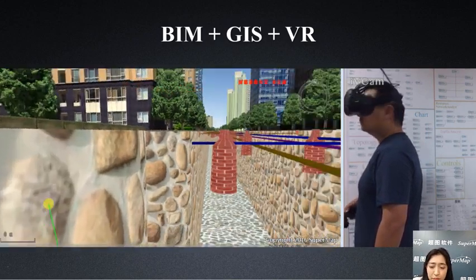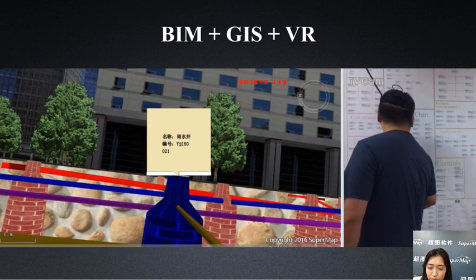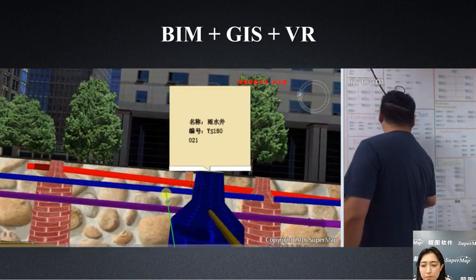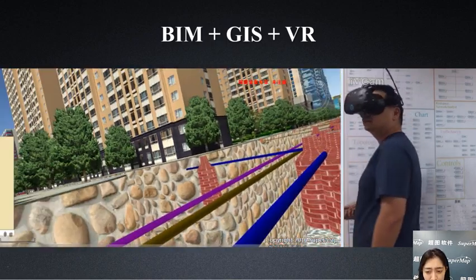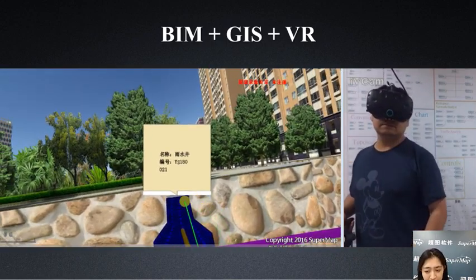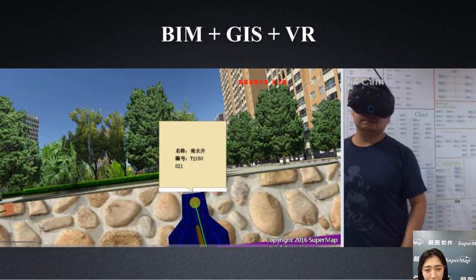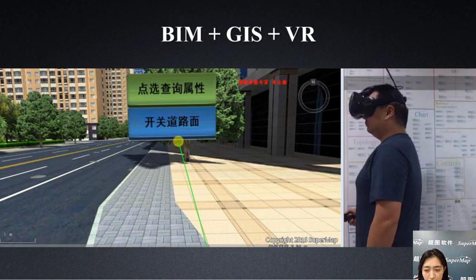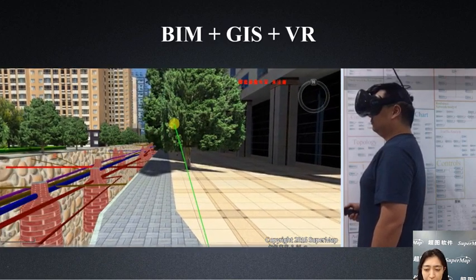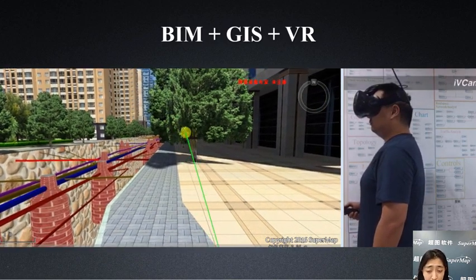SuperMap products support VR devices such as the HTC Vive, making 3D GIS applications have a richer sense of vision and experience in human-computer interaction.